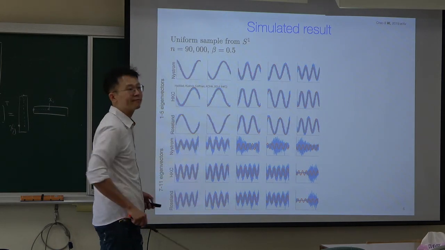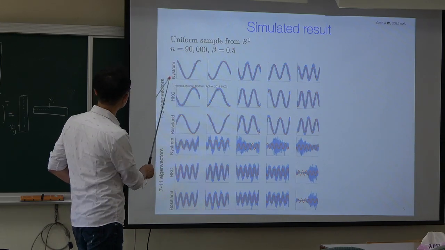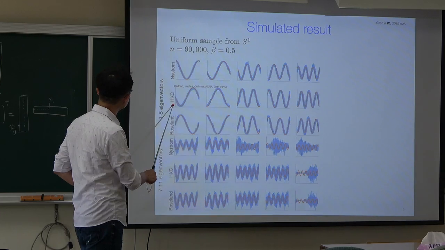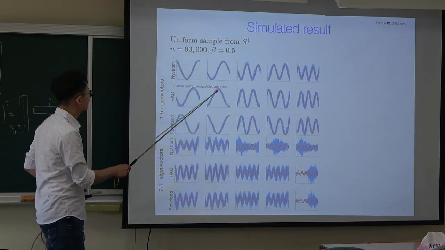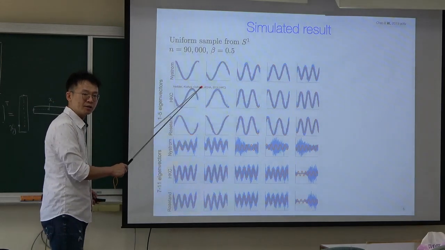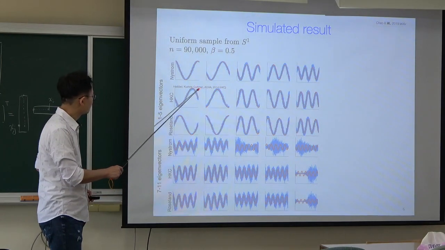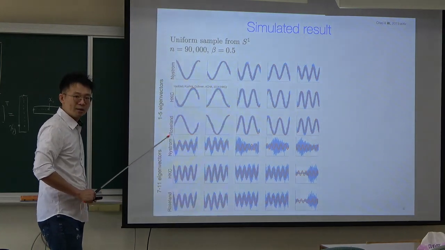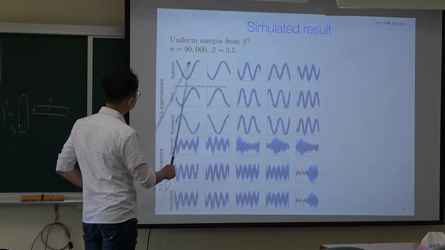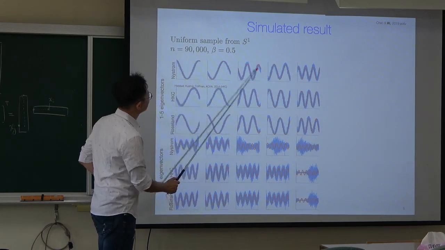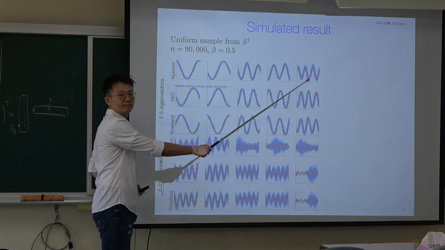I only show you the eigenvectors. The top one is using the traditional Nyström extension. This HKC is the paper I mentioned before. They use a different normalization so that they do not preserve the diffusion property, and this is the Roseland. And what you see here, the top 3 rows are the first 5 non-trivial eigenvectors.